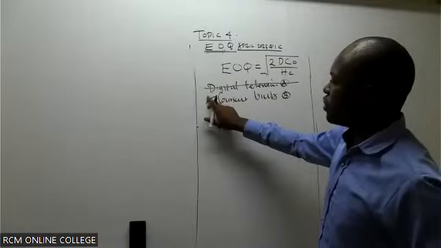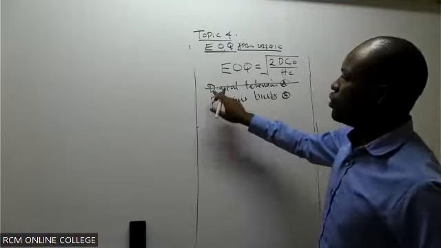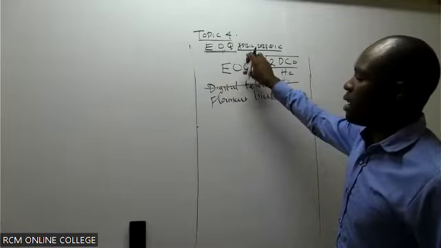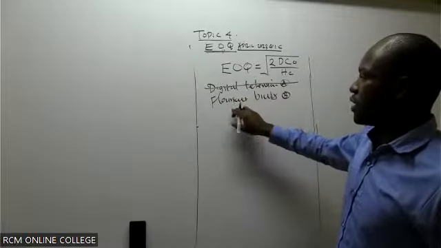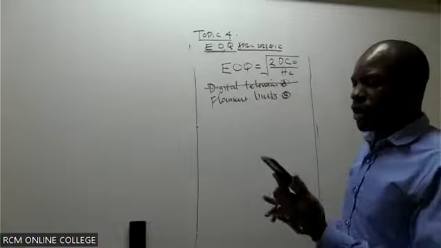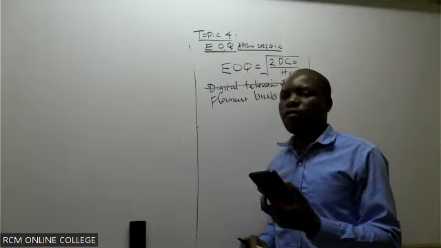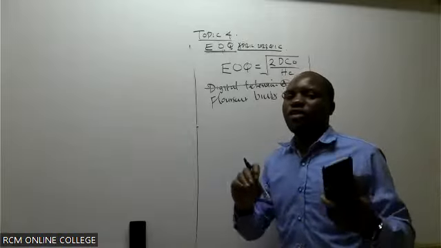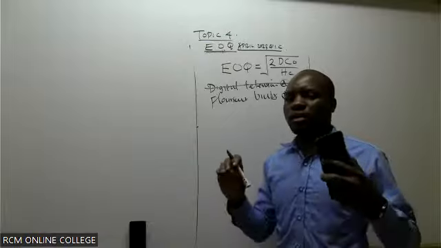So of course, in that question, that's what they wanted you to do actually. Some people used digital television to get economic order quantity. Others used fluorescent bulbs. Look at what they want you to do. Determine the economic order quantity of bulbs. It is the bulbs that they are going to order, not the television. Television is their product.